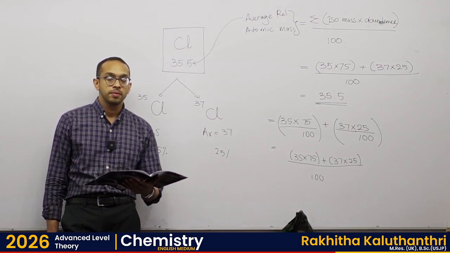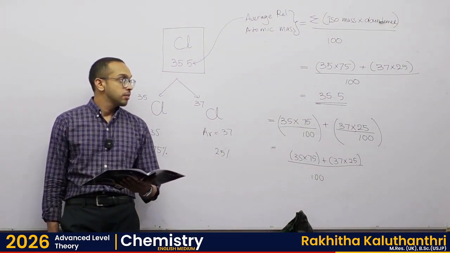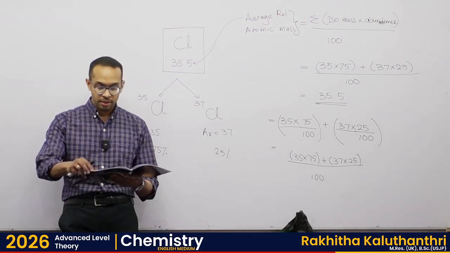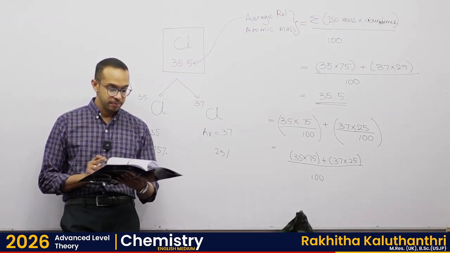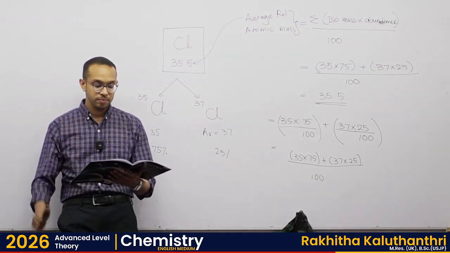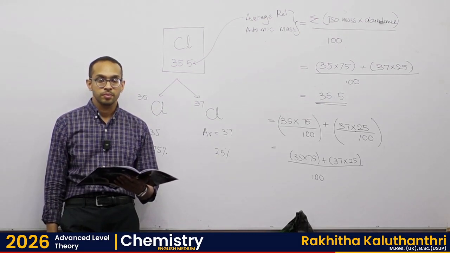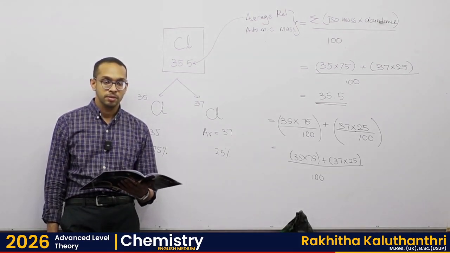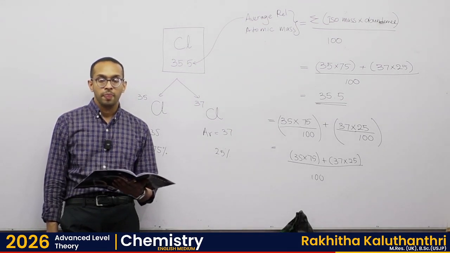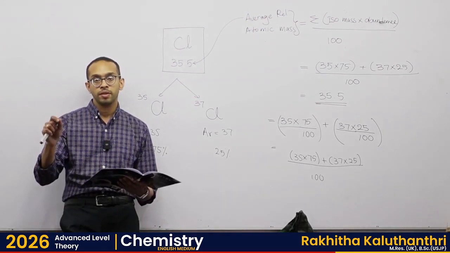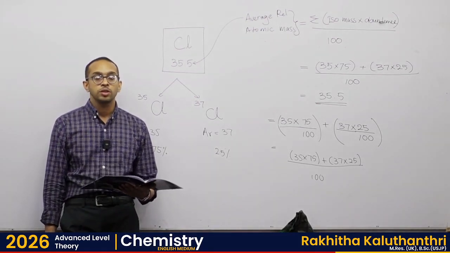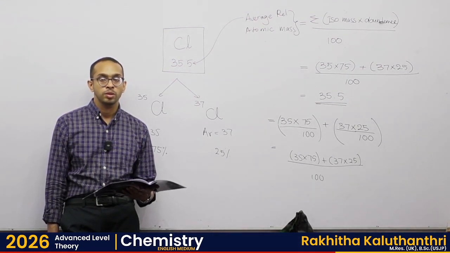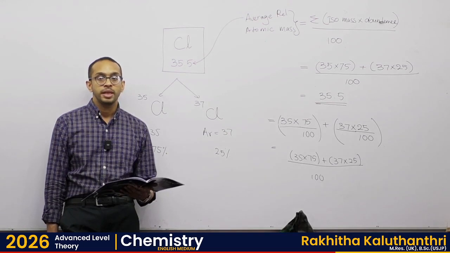Therefore, when communicating the relative atomic mass of those elements, they are isotopes, those elements, comma, then after that they are isotopes, and the abundance of those isotopes should be taken into account.